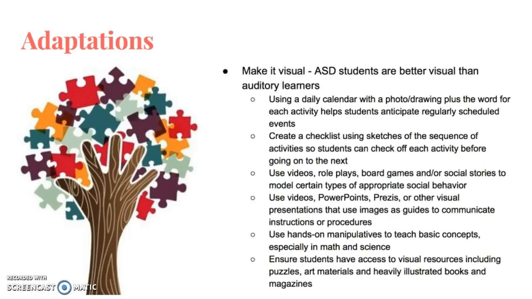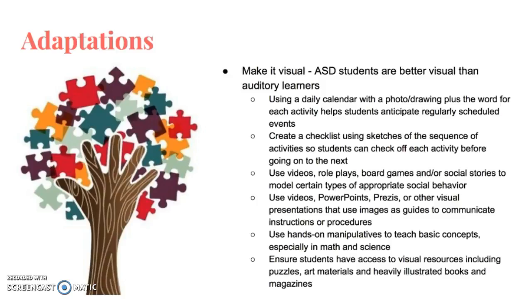So the first adaptation is to make your lessons visual, because autistic students are better visual than auditory learners. Some examples would be using a daily calendar with a photo or drawing plus the word for each activity, so that students can know what's going to be happening, because some autistic students won't like it if their schedule is changed or if they don't know what's going on.